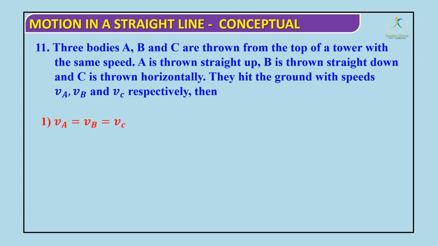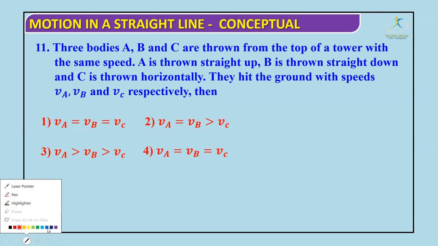Then the options are: VA is equal to VB is equal to VC; VA is equal to VB is greater than VC; VA is greater than VB is greater than VC. So here we can say, because the first and second points will be similar, it will look like that.